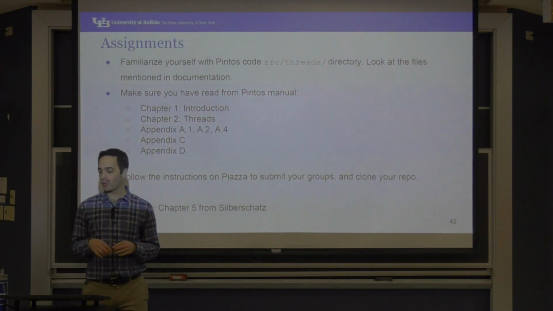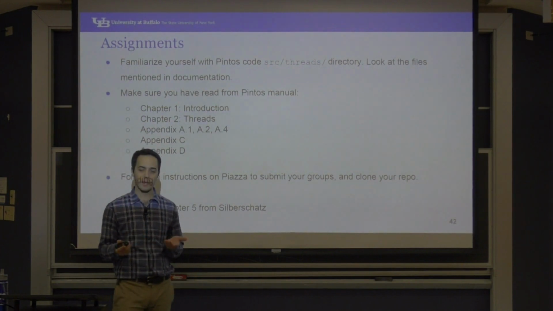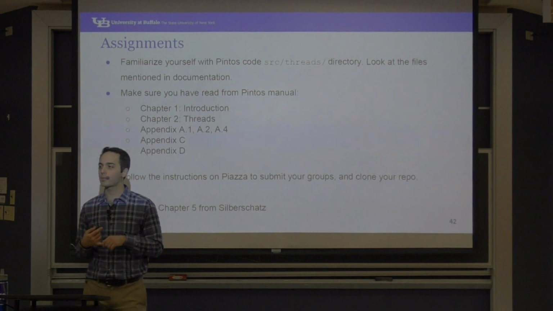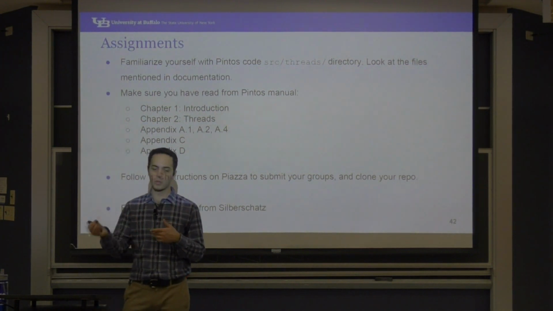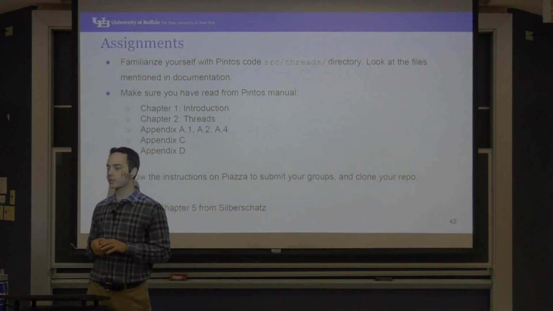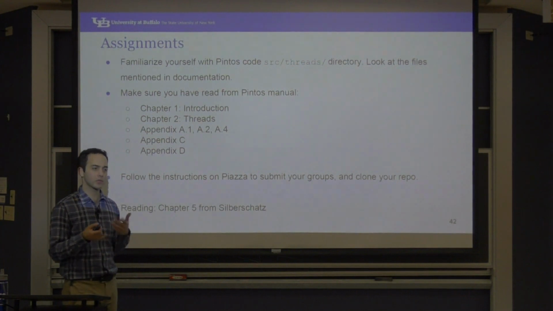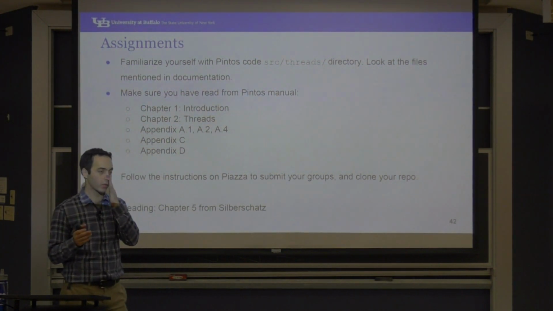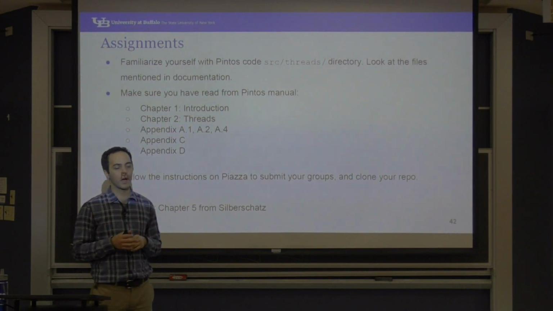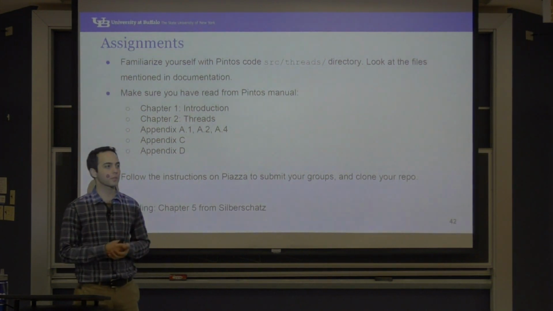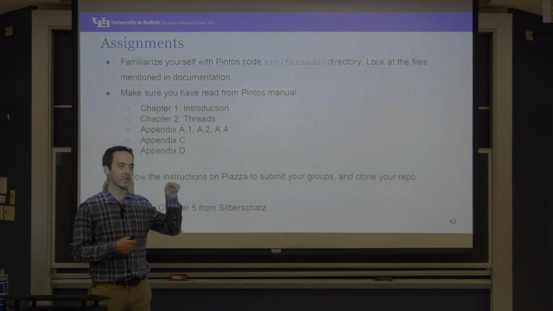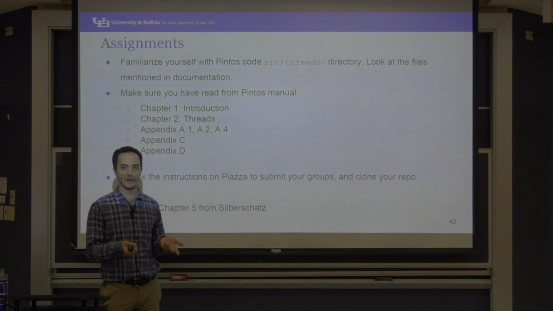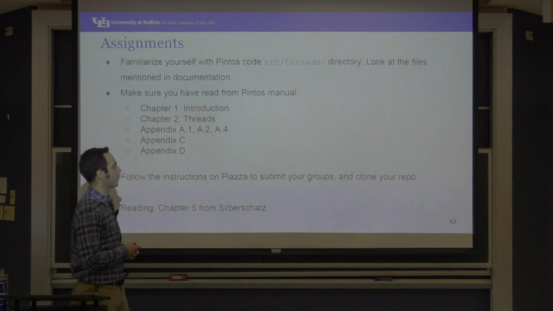Pick a name for your group. Make sure it's unique. Don't pick Pintos, for example, because then it would be Pintos 1 and Pintos 2. Try to pick something unique. Make sure it's reasonable, not too long, and not just 1 to 3 characters. You can also take a look at the previously generated groups and create something which doesn't overlap with those, right?